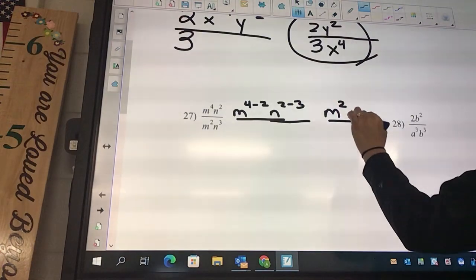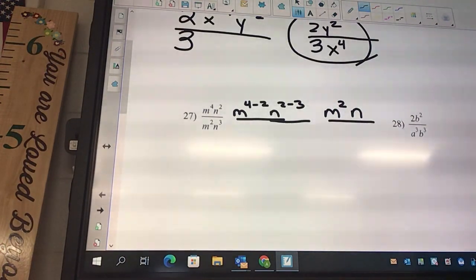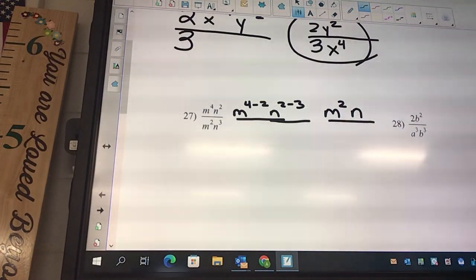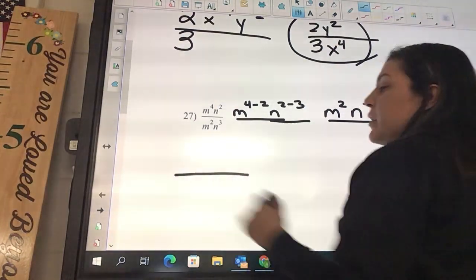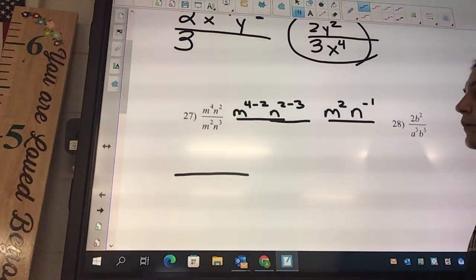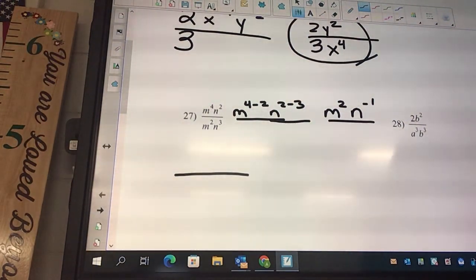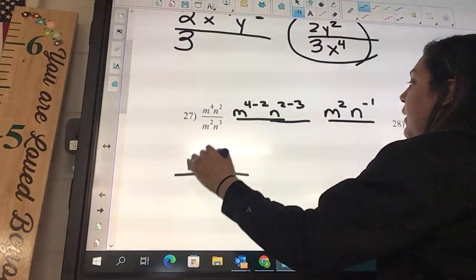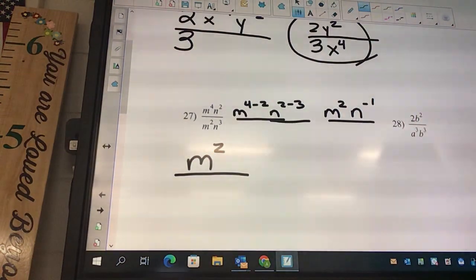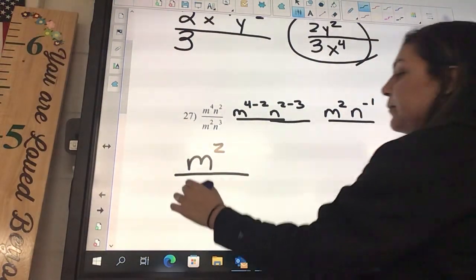So it's going to be m to the 2, n to the negative 1. M squared, where does it go? Top. N to the negative 1 on the bottom.